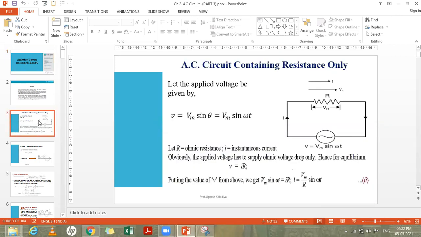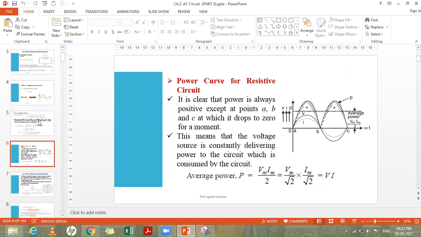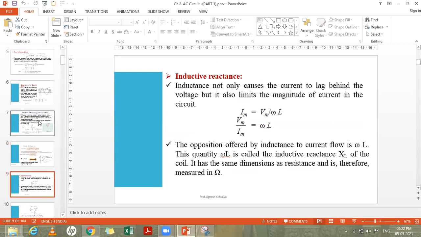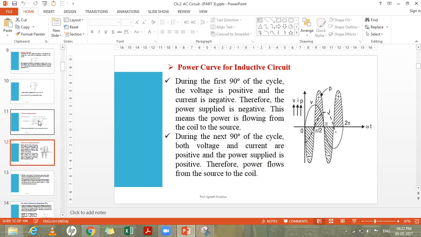For the circuit containing only resistance, we saw the relation between voltage and current and the power in this case. Similarly, we saw the same for the circuit containing inductance only and the circuit containing capacitance.